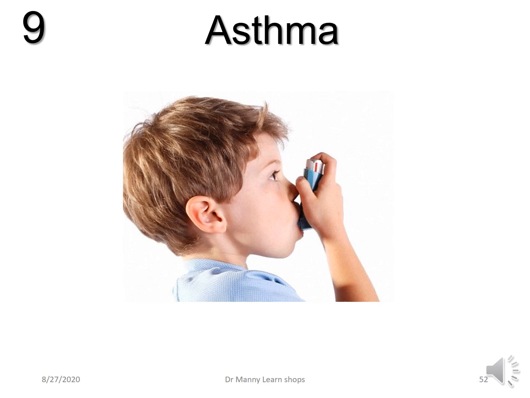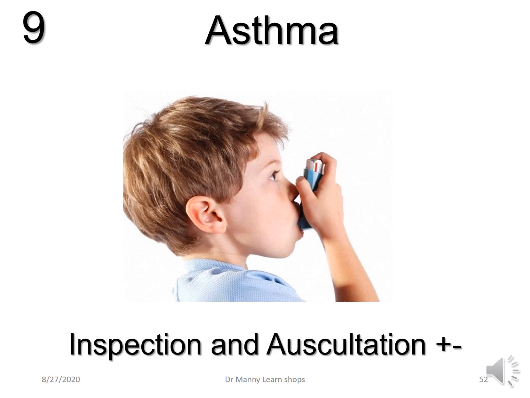Little boy with bronchospasm and asthma. What assessment technique would you use? You can use inspection to observe whether he is stable or unstable. A good way to think of stable and unstable is, do they look good or do they look bad?